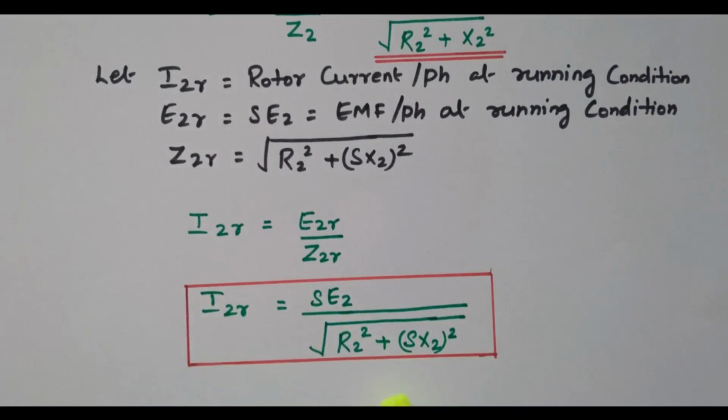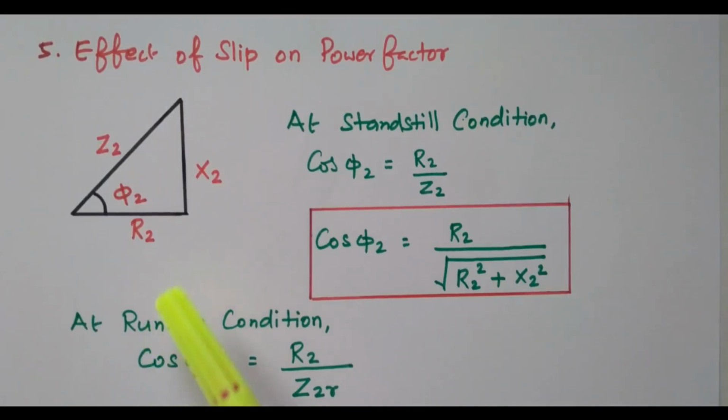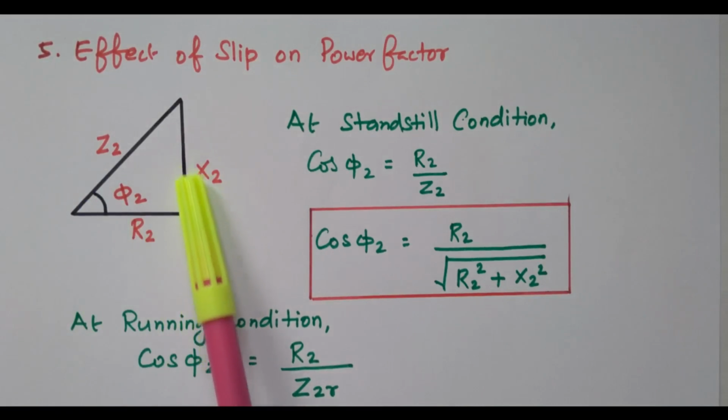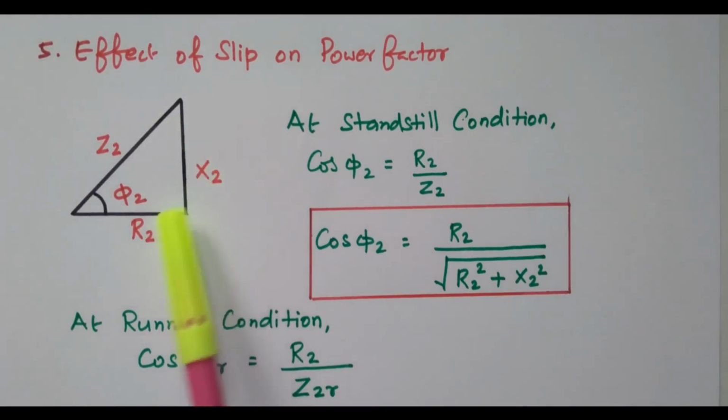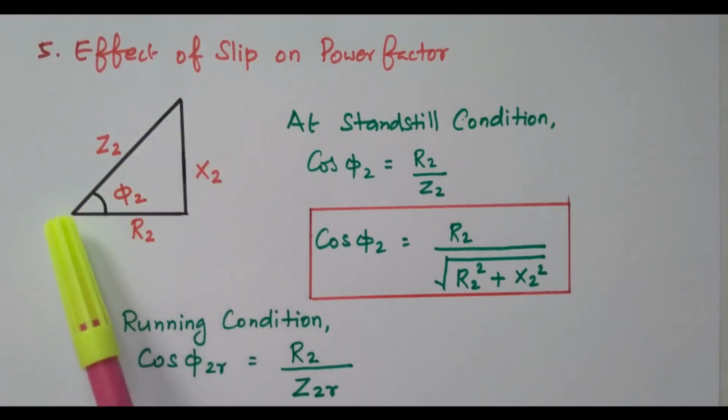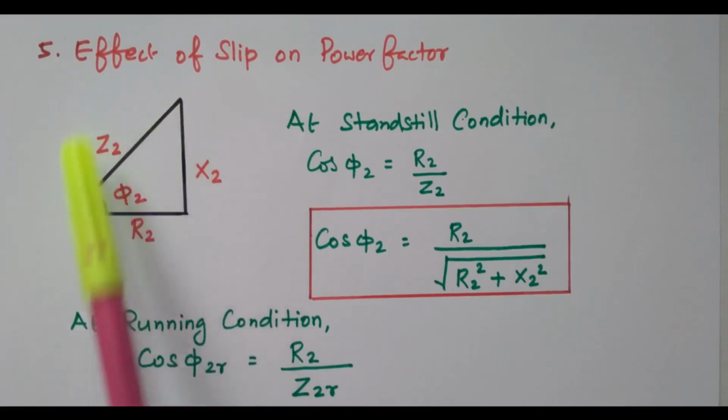Now we go to the effect of slip on the power factor. Consider this impedance triangle: the angle phi 2 is there, and the resistance is the reference. At 90 degrees to it we have the reactance. The vector sum of these two is the impedance. So this is the general impedance diagram: resistance, reactance and impedance.